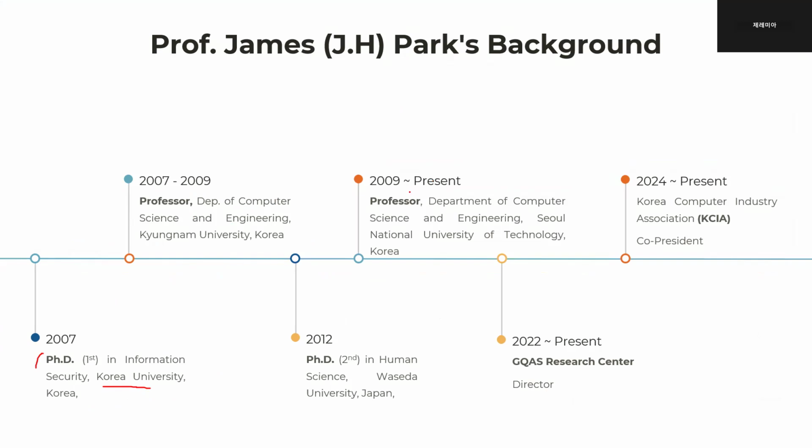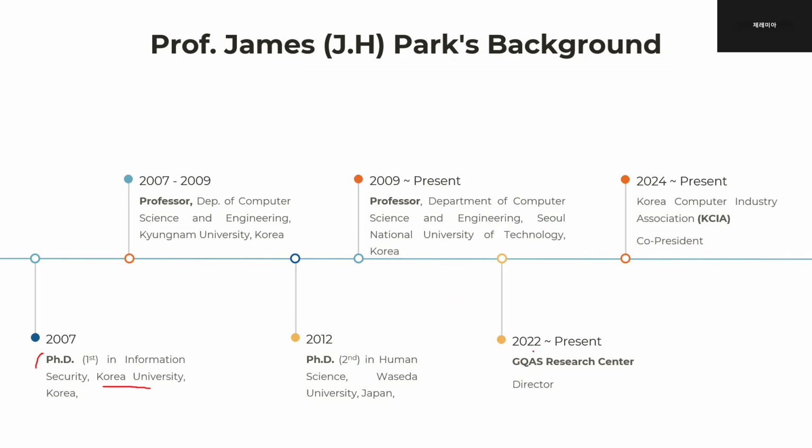Then from 2009 until to date, Professor Park is with the Department of Computer Science and Engineering at Seoul National University of Science and Technology, abbreviated as SeoulTech. And around 2012, Professor Park received his second PhD in human science from Waseda University in Japan.